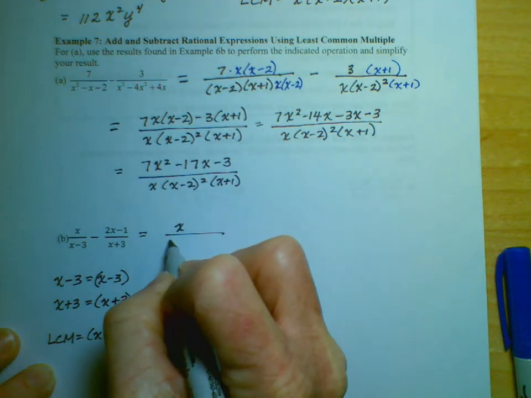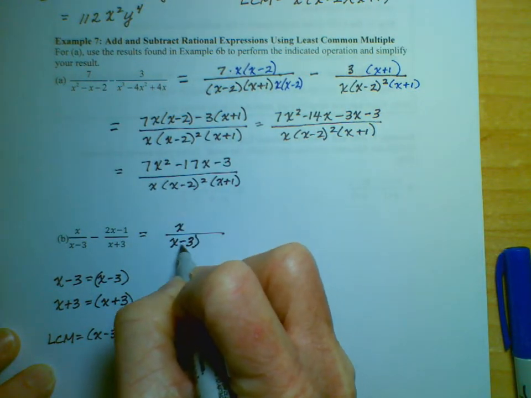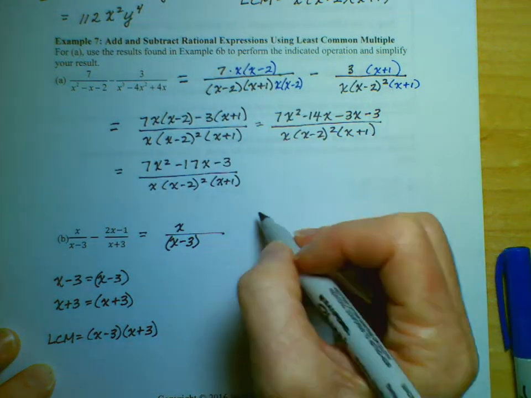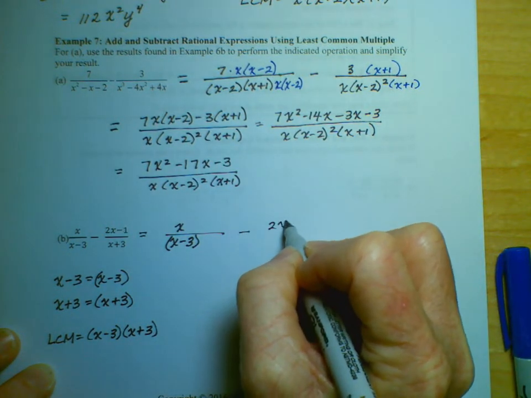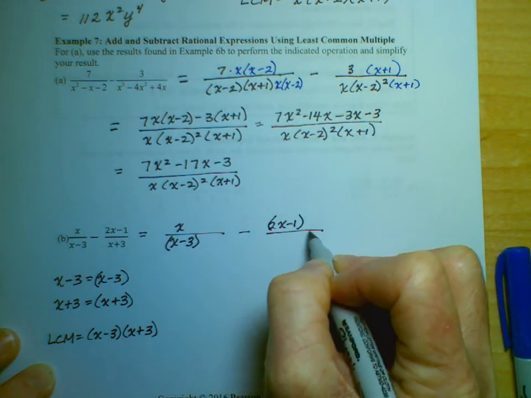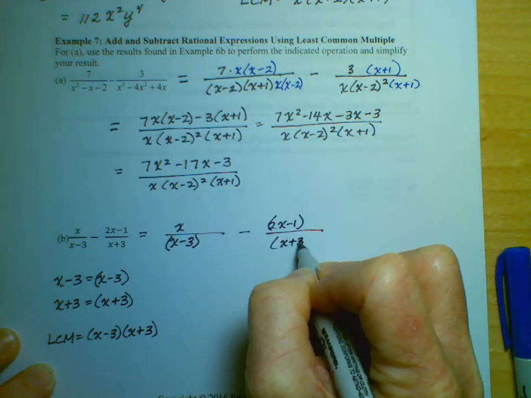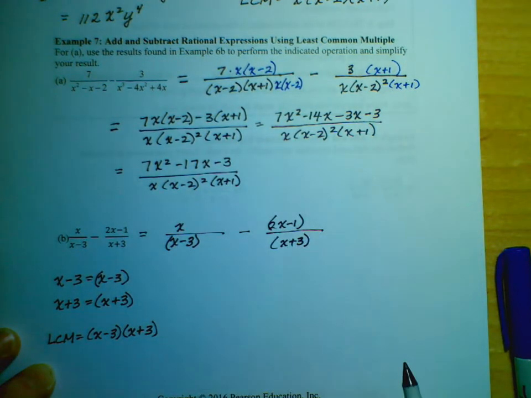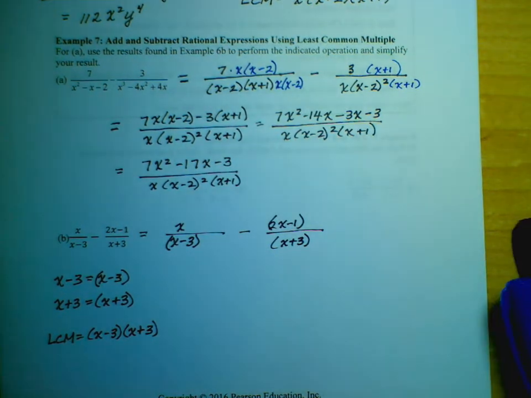So let's use the method we did a minute ago. Write the rational expression factored. Okay, all I'm doing now is really putting parentheses on this, because the denominators didn't factor further. And now ask myself, what is the first rational expression missing from the LCM?